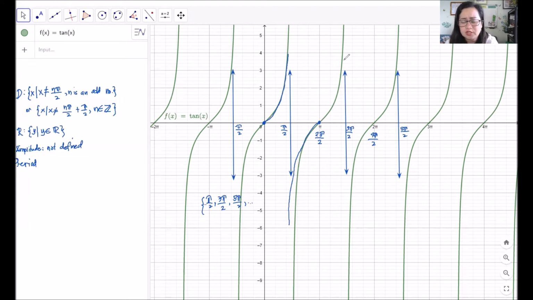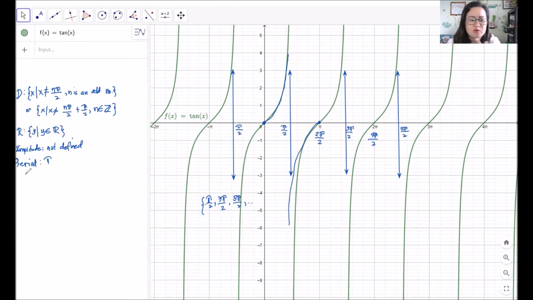I will not trace anymore the graph that is going up because it is just repeating this pattern. So in other words, the period of tangent x is pi. The frequency in the interval from 0 to pi is, of course, 1.